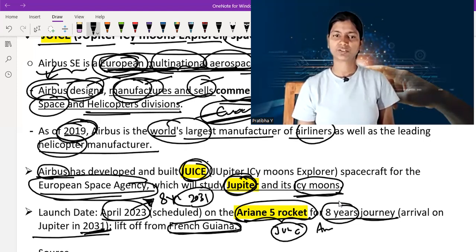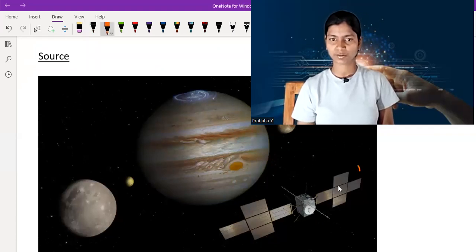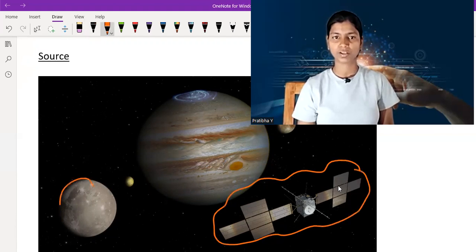Let's move on to the next topic called 3D nuclearity. This is Jupiter. In future, our JUICE spacecraft will look like this, and it explores the moons of Jupiter.